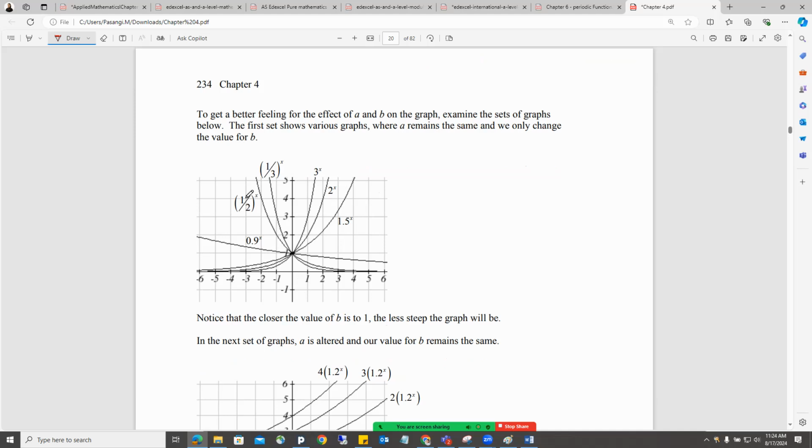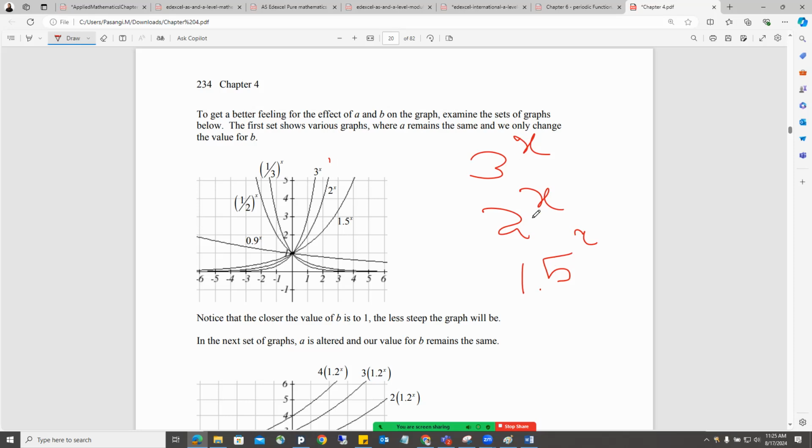See all these graphs and tell me what has happened when we are changing the value b. First, explain the 3 to the power of x graph, the 2 to the power of x graph, and the 1.5 to the power of x graph.